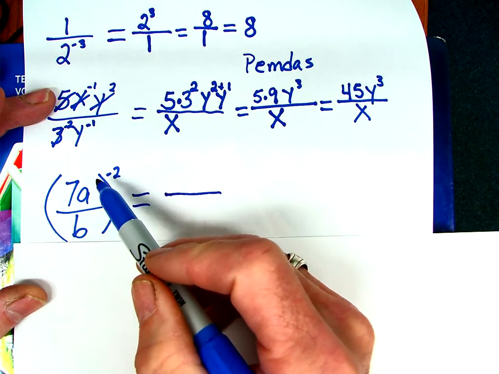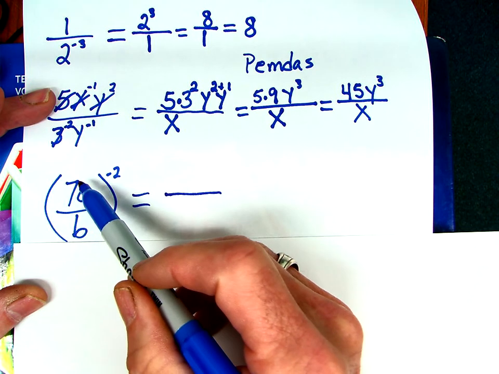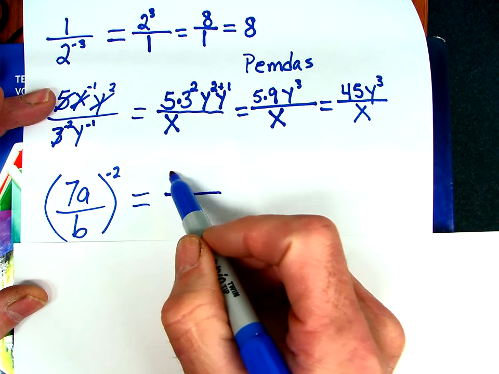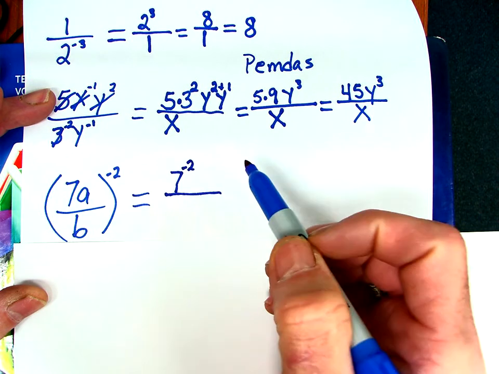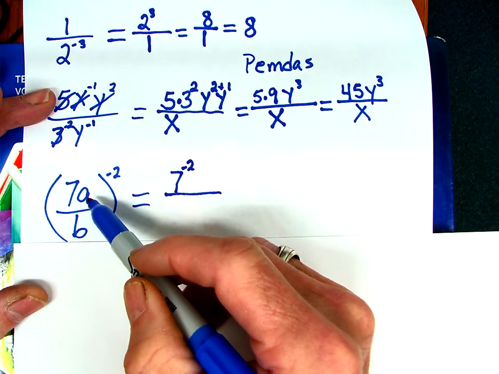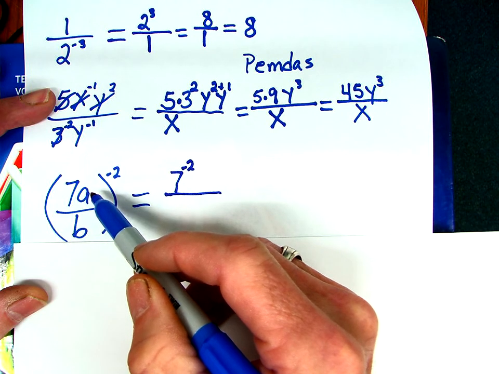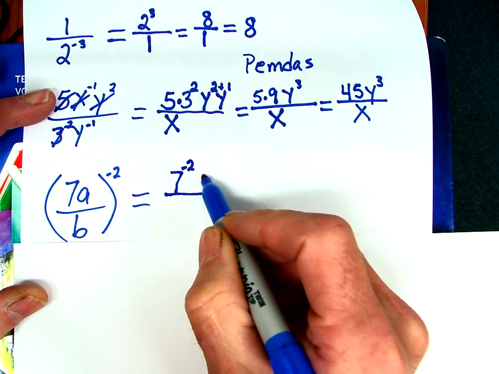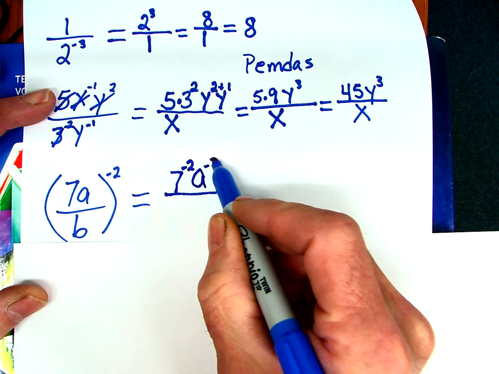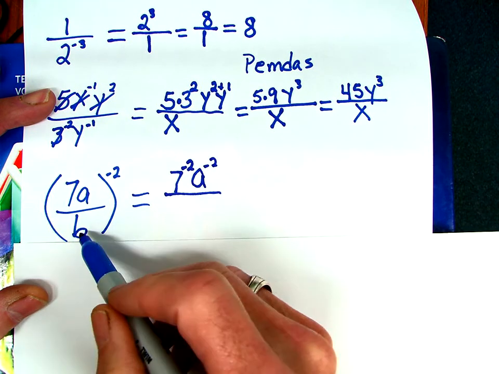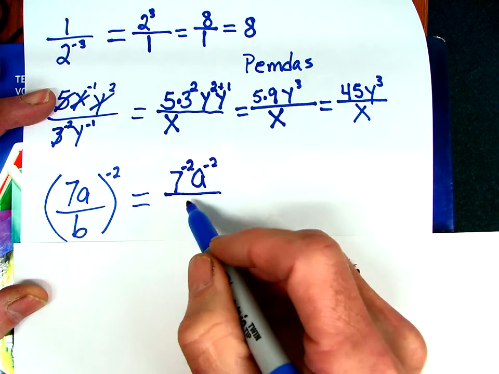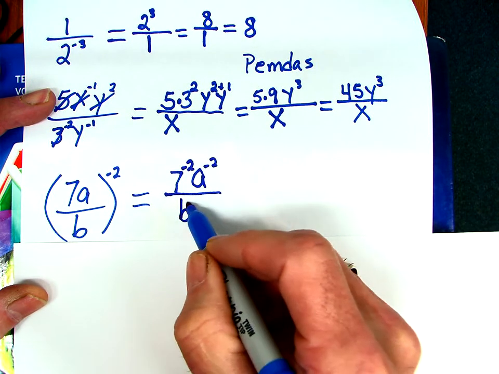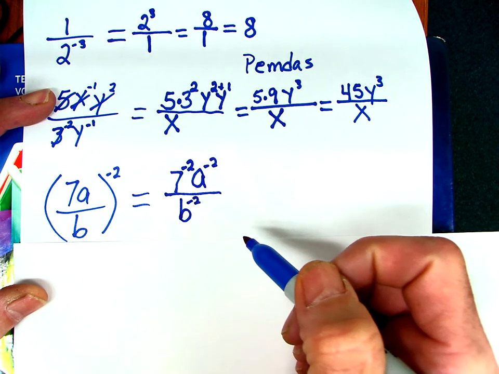If I distribute this negative 2, the 7 has a power of 1, so it's 1 times negative 2, so negative 2. The a has a power of 1, so 1 times negative 2 is still negative 2. And the b has a power of 1, so 1 times negative 2 is still negative 2.